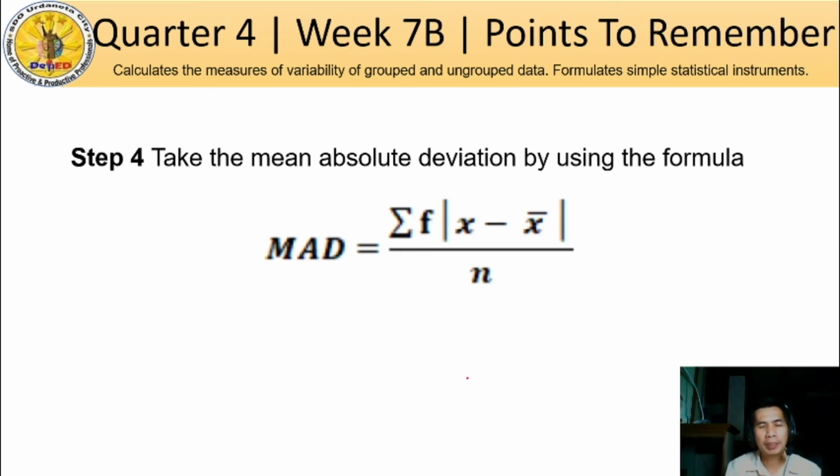Yung naibigay natin na formula kanina, the mean absolute deviation is equal to the summation of all the frequency times the midpoint minus the mean all over n. Okay po. Yun yung formula natin. So, naibigay natin na ito kanina.